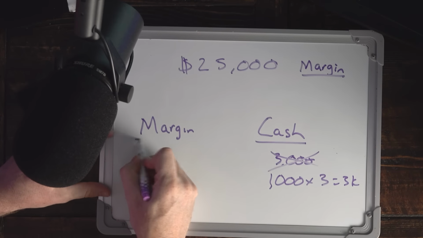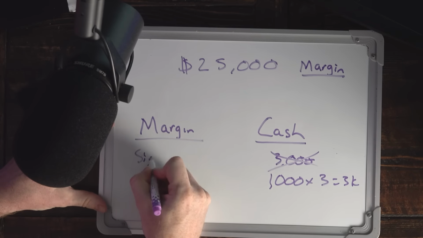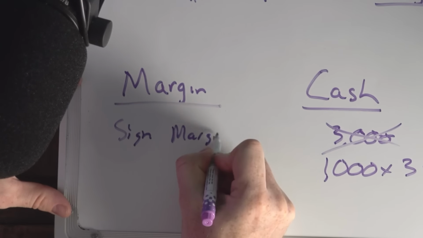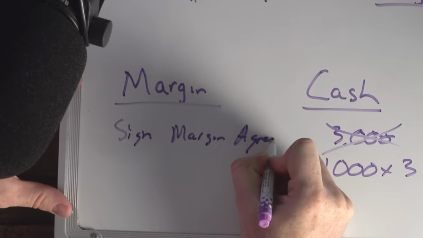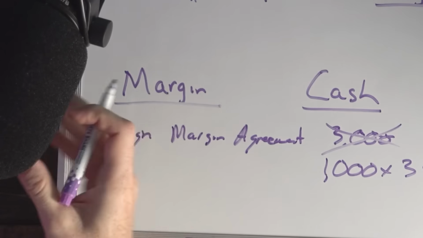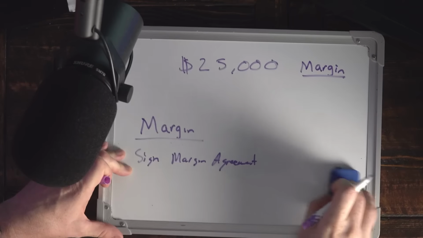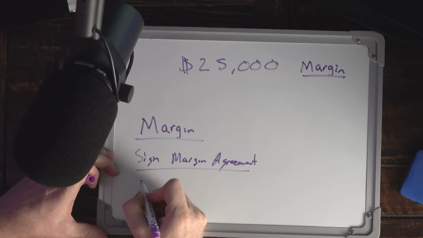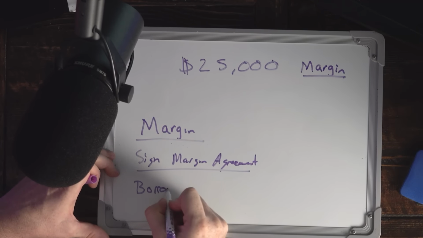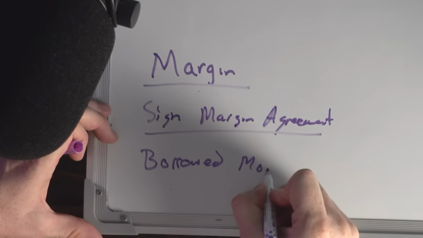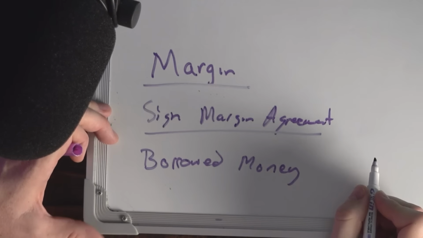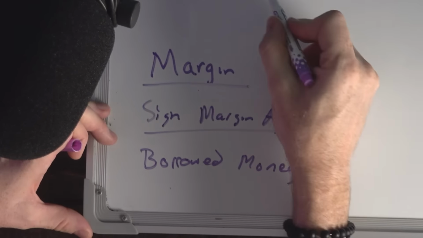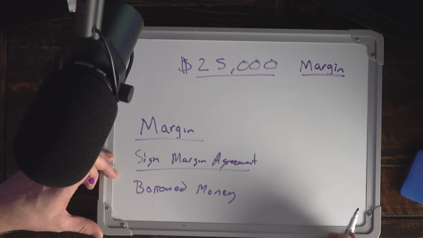Now, a margin account requires signing a margin agreement. So what is margin? Margin allows you to trade on borrowed money. Essentially, the way a margin agreement works is you fund an account with $25,000 right here.